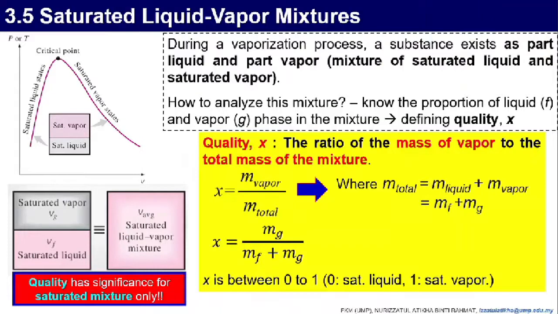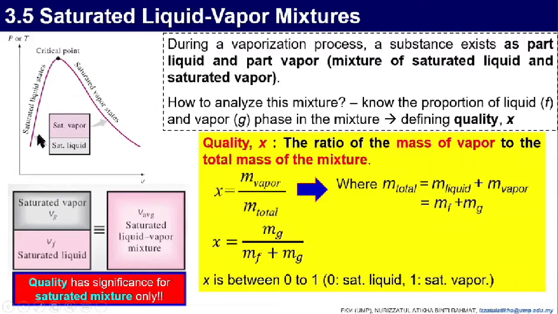Alright, so now, during a vaporization process, a substance exists as part liquid and part vapor, which means it is a mixture of saturated liquid and saturated vapor. How to analyze this mixture? Know the proportion of liquid and vapor phase in the mixture and then define the quality.